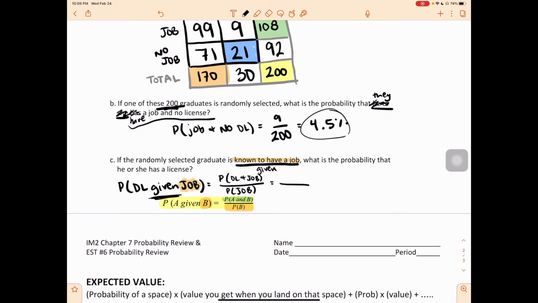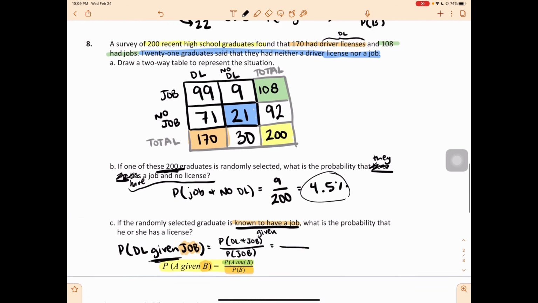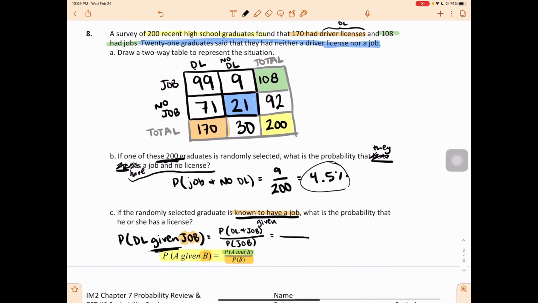We know they have a job. So let's see here. How many total recent high school graduates have a job? Job total: 108 total kids have a job. Now we have to look and see how many of them have DL and a job.